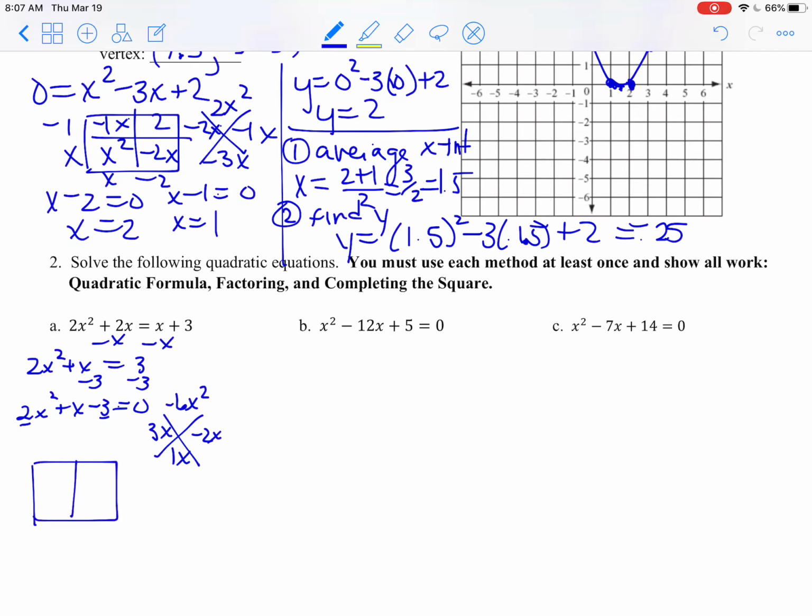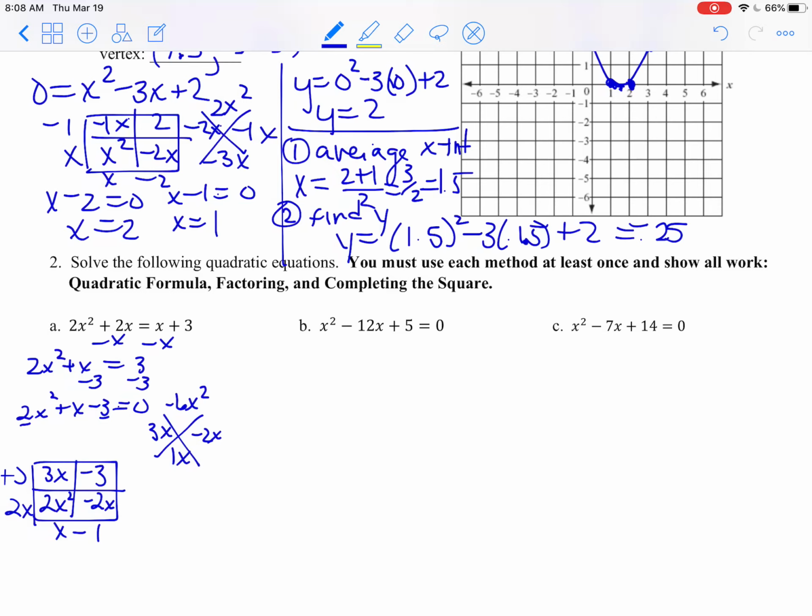So I'm going to make my box. Put the 2x squared here, the negative 3 here, and then the negative 2x and the 3x. It doesn't matter where you put them, it'll still work out. So out of the bottom row, I can take a 2x, and that's going to give me x minus 1.